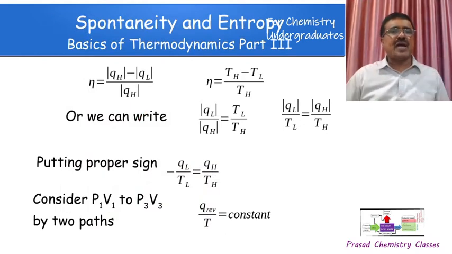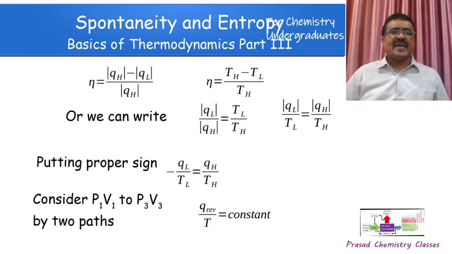And the efficiency for the Carnot cycle, which we have already seen in the last discussion, can be given as QH minus QL by QH, where QH is the heat absorbed from the reservoir at higher temperature, and QL is the heat given out to the lower temperature sink. It will be TH minus TL by TH, where TH is the higher temperature reservoir and TL is the lower temperature sink.